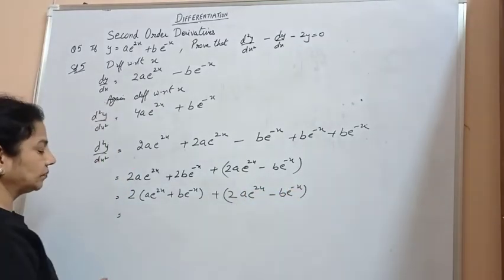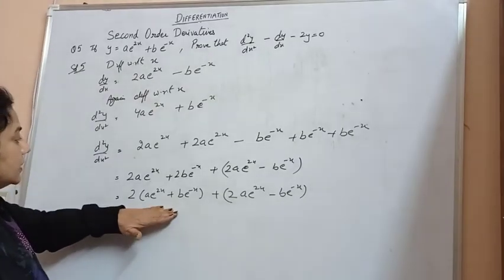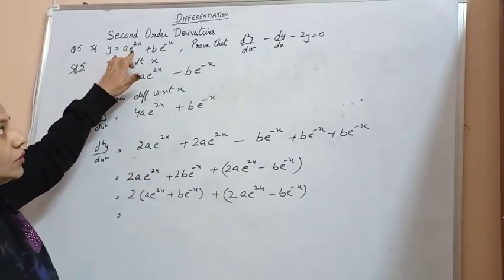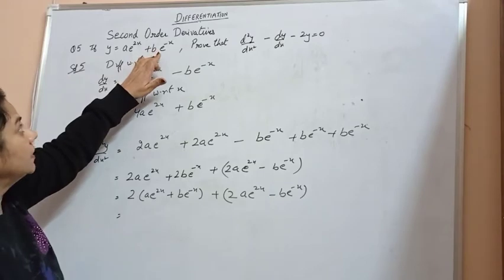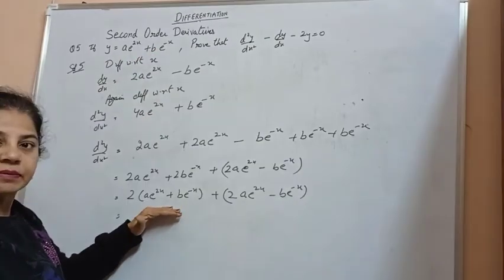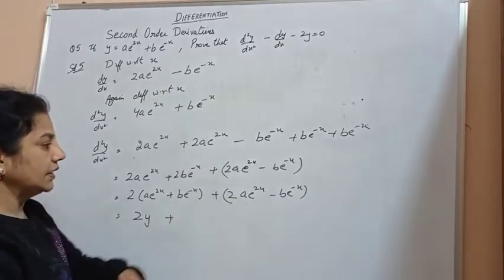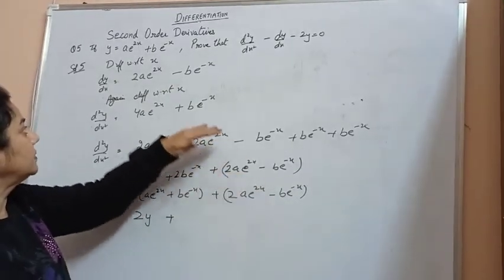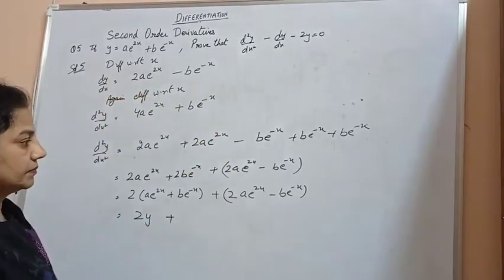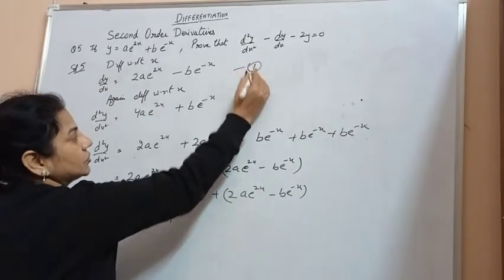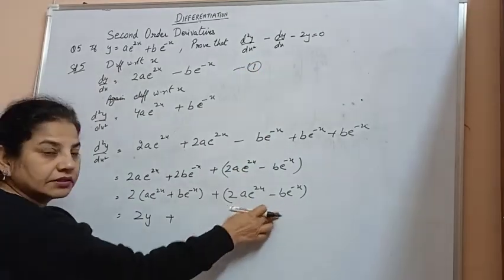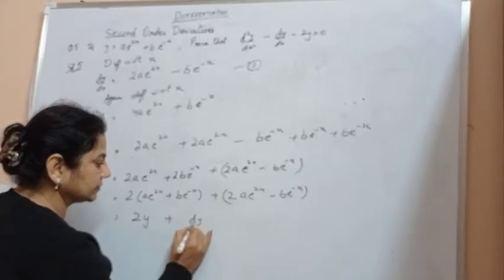What should I get? Observe this carefully. This is my y, a e to the power 2x plus b e to the power minus x. So I can replace this by y. This becomes 2y plus, if I observe this bracket, this gives me the result as dy by dx. If I say this is my first equation, so from 1 this becomes dy by dx.